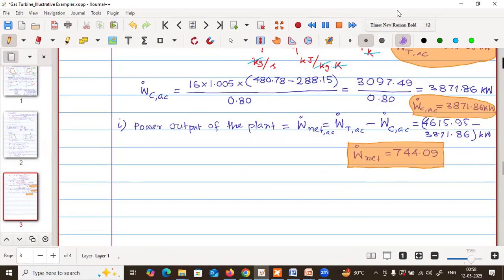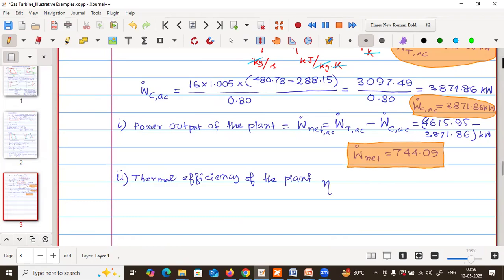Next is thermal efficiency. Thermal efficiency of the plant. So what is that?